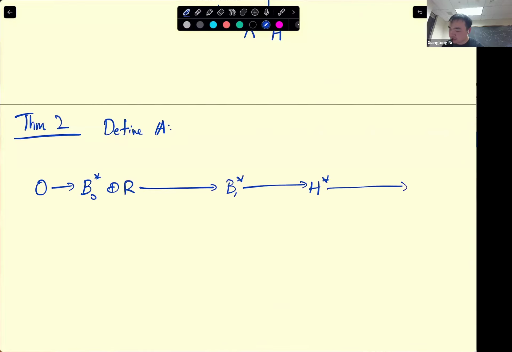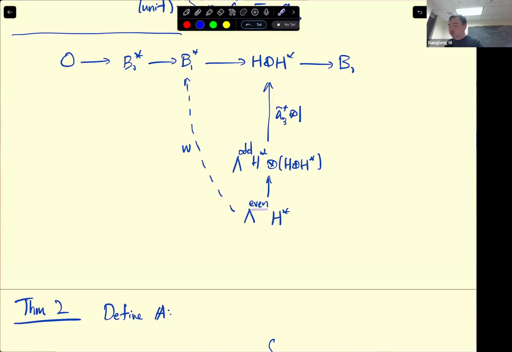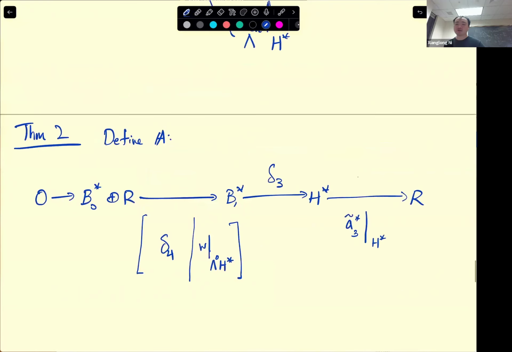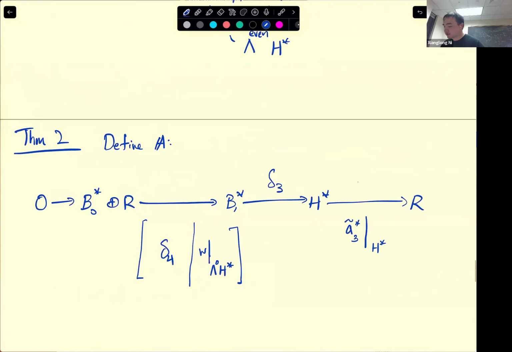All but one column, the part coming from B0 dual, is just delta 4, and for this last column, W is a map from wedge even H dual, which in particular includes wedge 0 H dual, which is just R. So we restrict W to wedge 0 H dual to be very explicit, which is just a single column. And this last map is the restriction of the spinor coordinates A3 dual. I restrict it to H dual, because this was a map from wedge odd H dual, so in the bottom component I just have H dual.